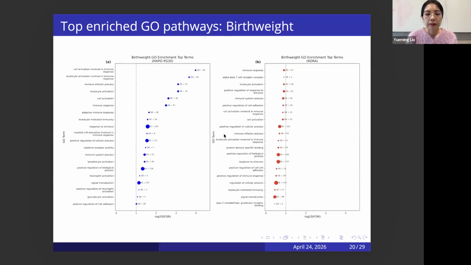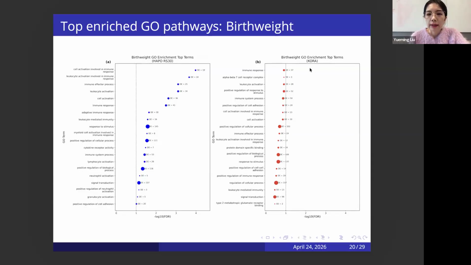Here is a scatter plot for the top enriched GO pathways. The left-hand side is for HAPO R30, the right-hand side is for CORA. The points that cross this dashed line are significant at a threshold of FDR smaller than 0.1.